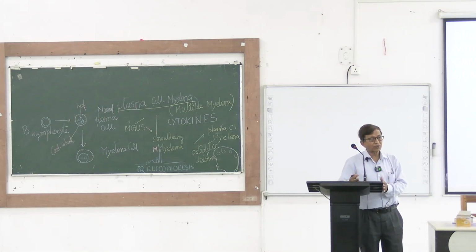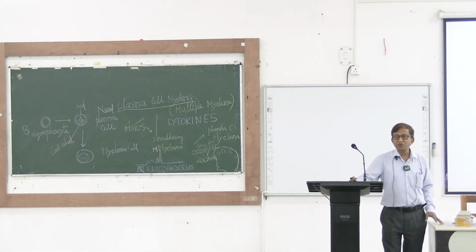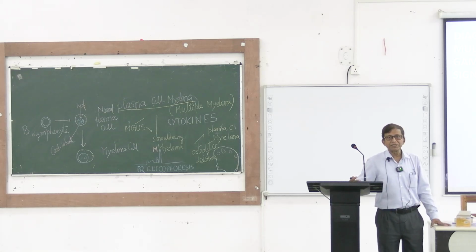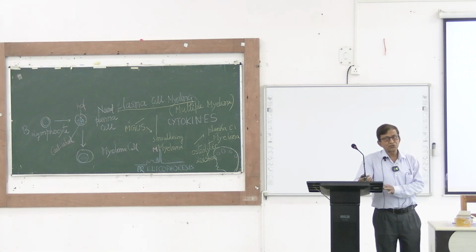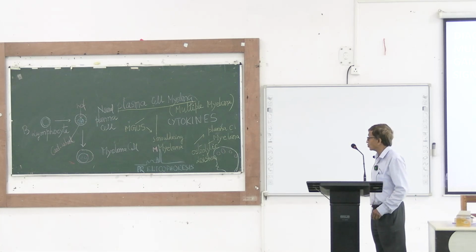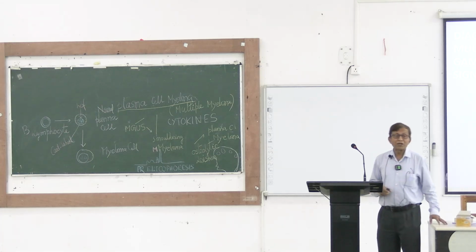In an abnormal pathway, under the influence of cytokines, meaning interleukins, interferons mainly, if they are uncontrolled, the normal plasma cell will grow into a myeloma cell.